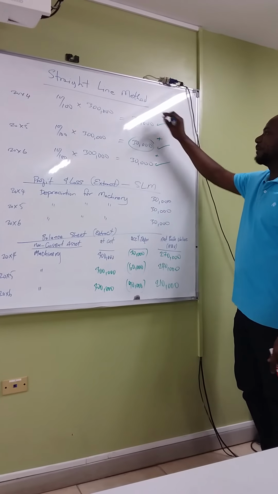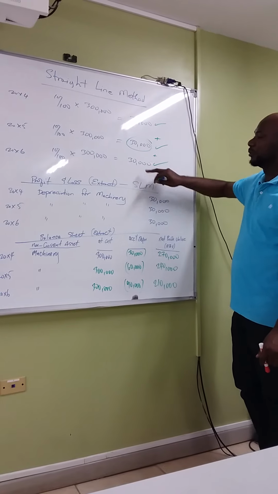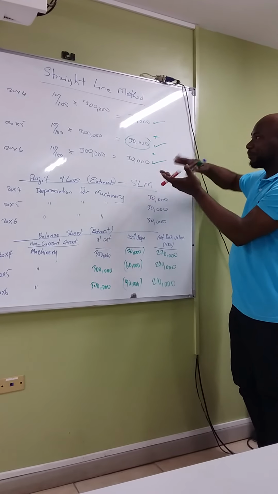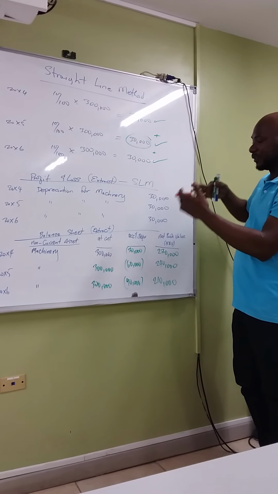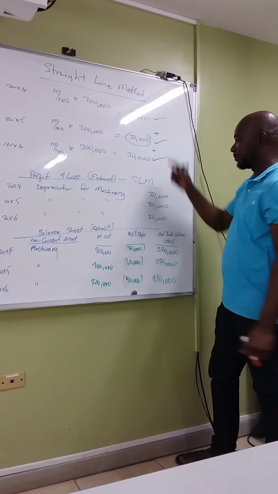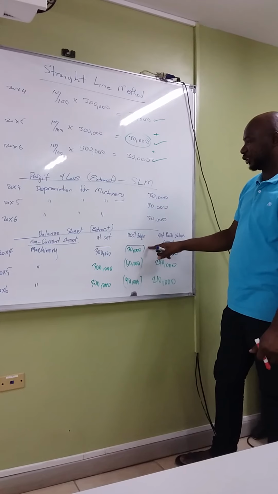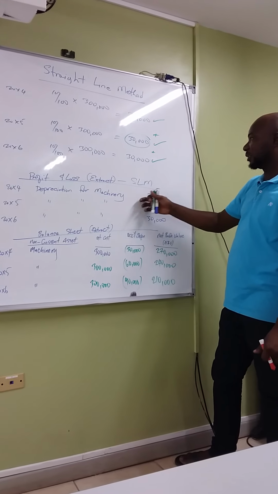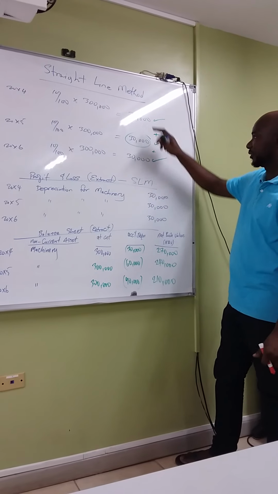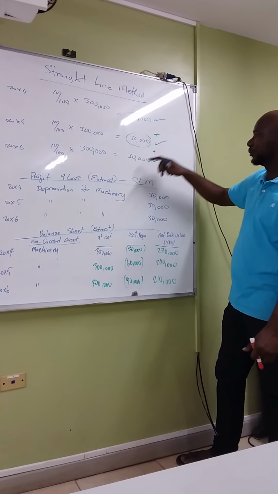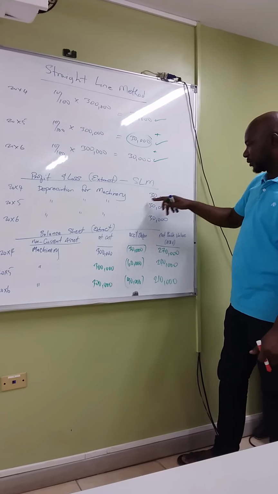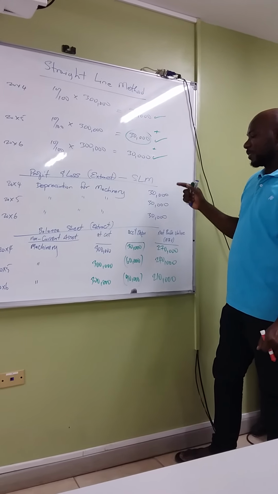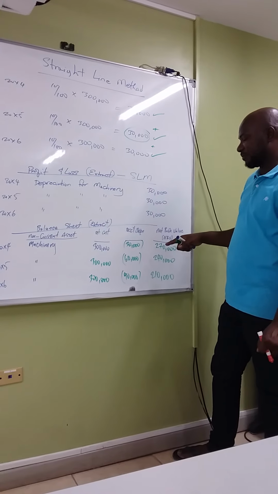So whereby the depreciation charge per annum goes to your profit and loss. The accumulated depreciation, meaning the overall depreciation on the asset at that given point, goes to your balance sheet. Depreciation charge goes to your what? Profit and loss. The depreciation charge each year, so $30,000 for year 1, $30,000 for year 2, $30,000 for the third year. The accumulated depreciation goes to the balance sheet.